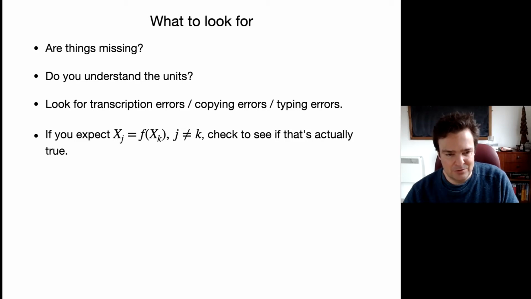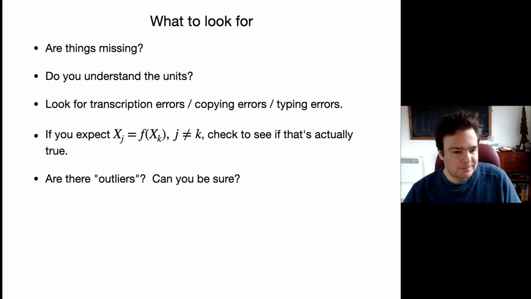Is it actually true? You can check that. That's the kind of thing you should check. And again, this issue of outliers: are there any? If you make a plot and you see that some numbers are wildly different from all the others, are they things you should disregard? How can you be sure? Things like that.